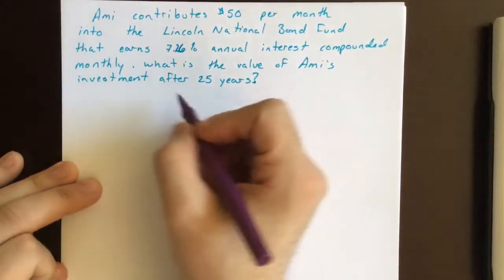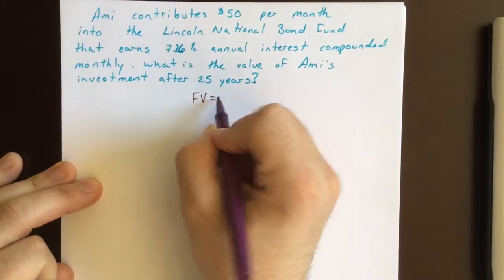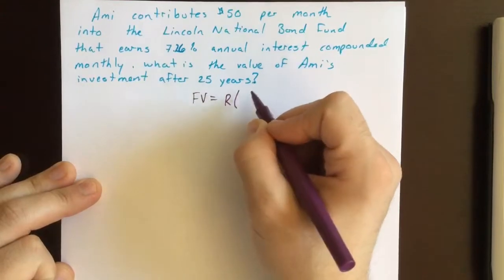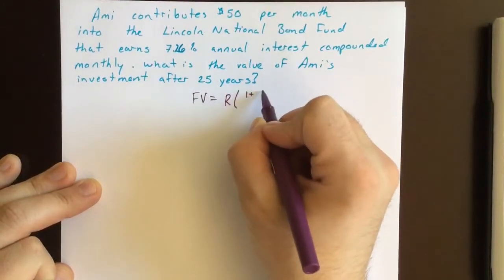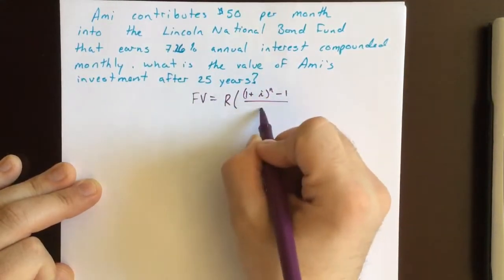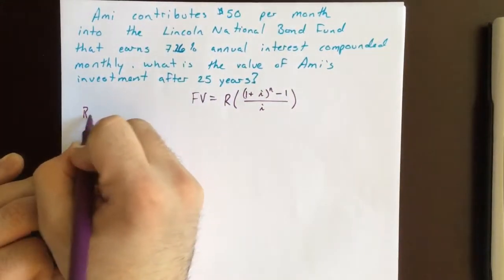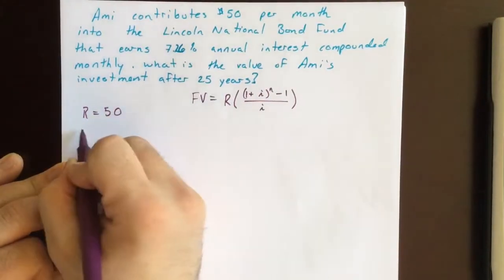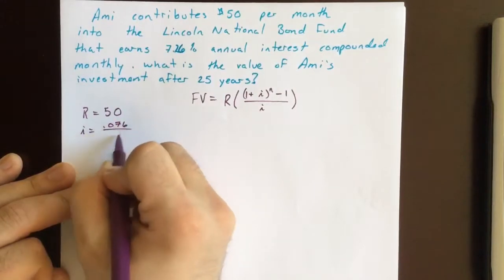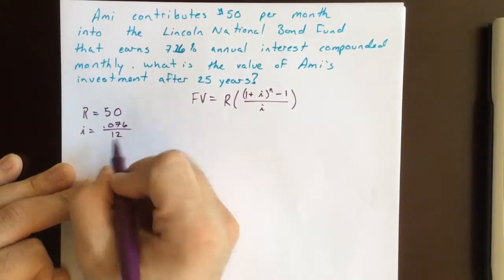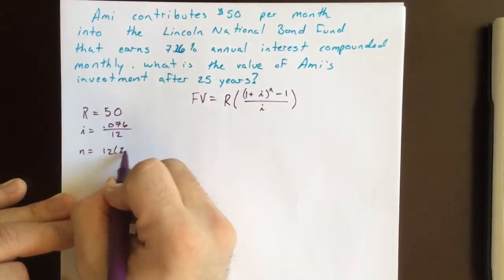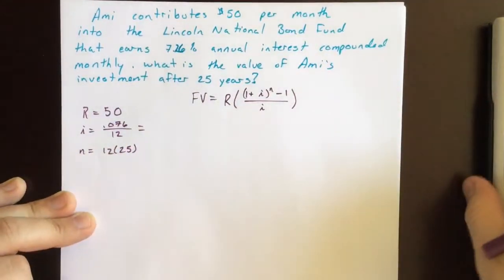So let's write our formula. Okay, so we have our monthly deposit of $50. We have the information needed for i. Monthly, so that would be 12. And then 12 times 25. All right.